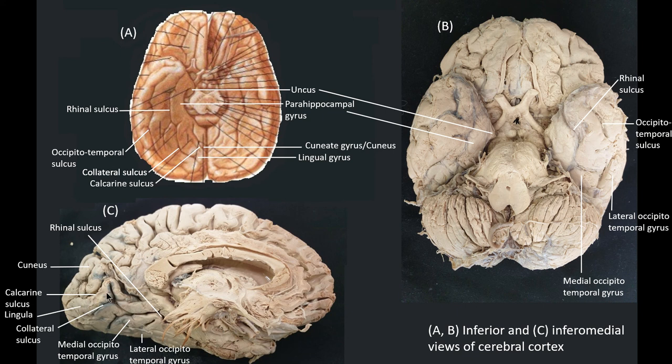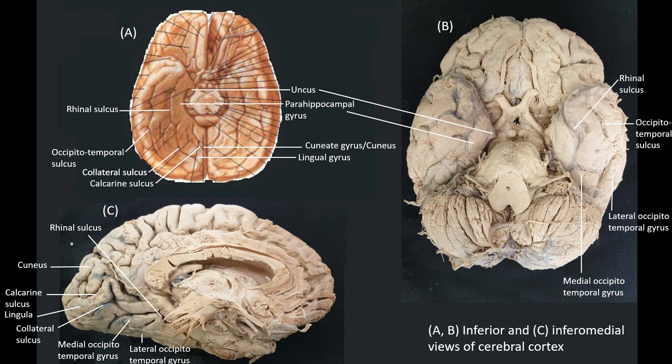We call it lingual gyrus when we see it on the medial view underneath the calcarine sulcus, but when it continues onto the inferior surface, this becomes the parahippocampal gyrus, and the parahippocampal gyrus anteriorly can be seen to have a bumpy end to it. This bumpy ending is known as the uncus, right? So we've got lingual gyrus, parahippocampal gyrus, and then the uncus over here.